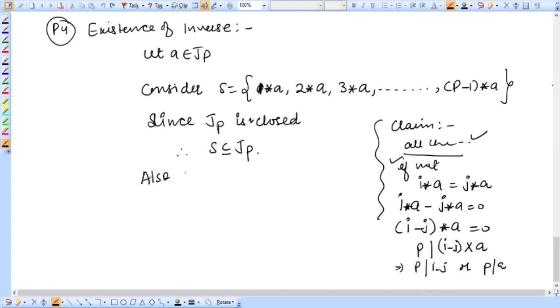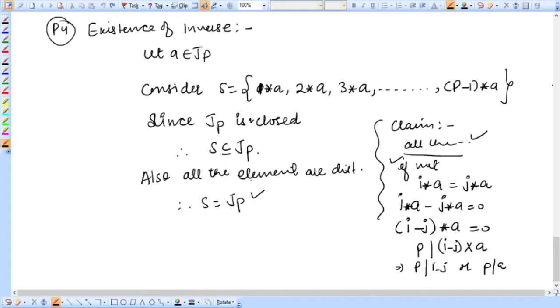Also, all the elements are distinct. Therefore S is equal to JP.